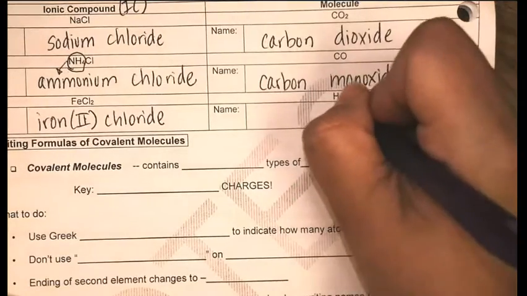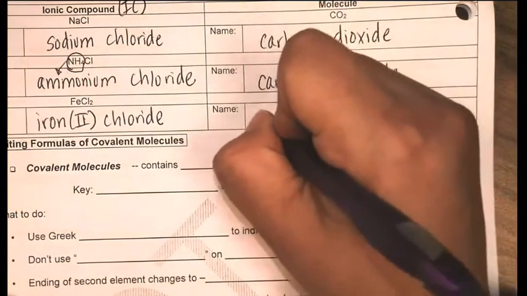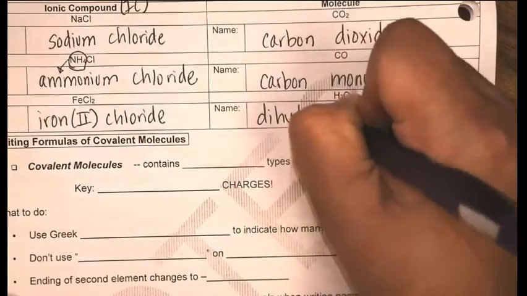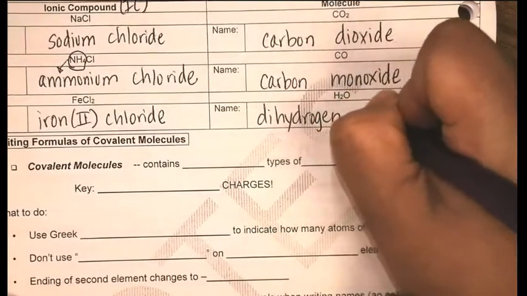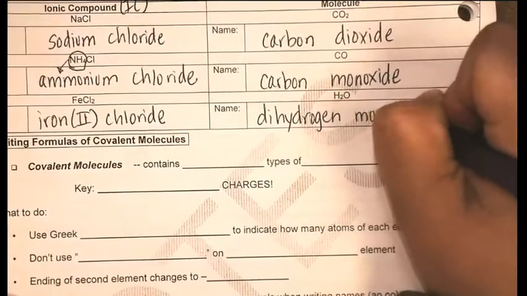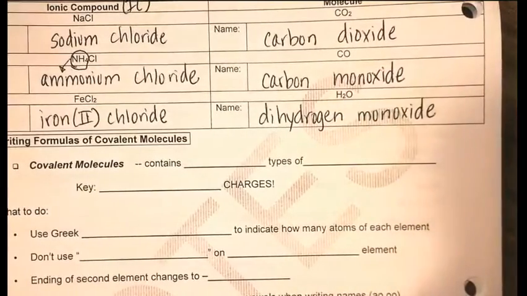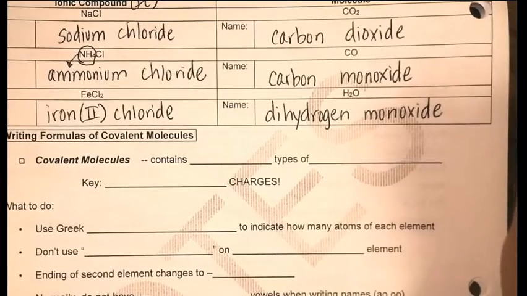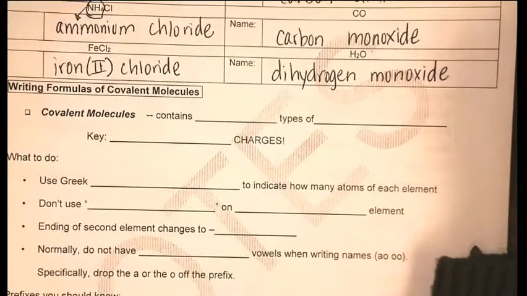The molecular name, there's 2 H's, so we call that dihydrogen monoxide. Okay? So now we are going to look at formal notes on how to write molecule names and formulas.